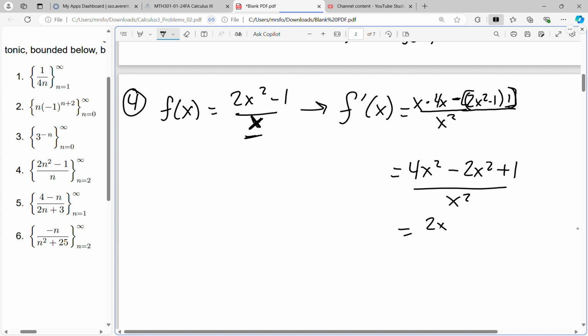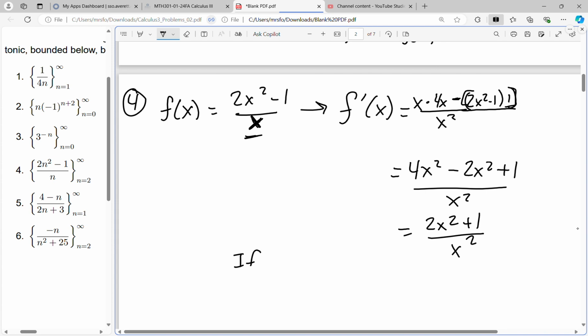That becomes (2x squared plus 1) over x squared. Because both are squared, we know we're always going to have positives, even if x was negative. There are plus signs. We are good.